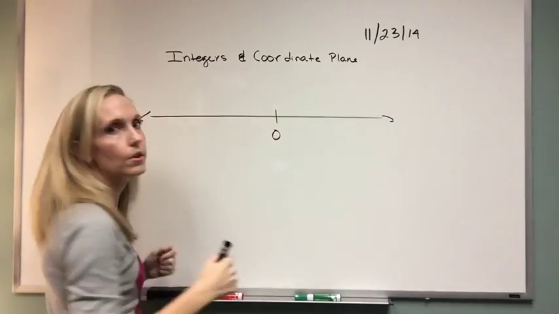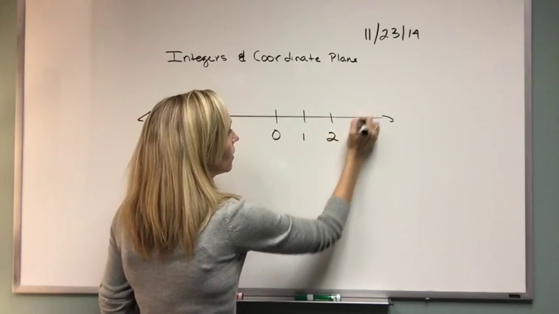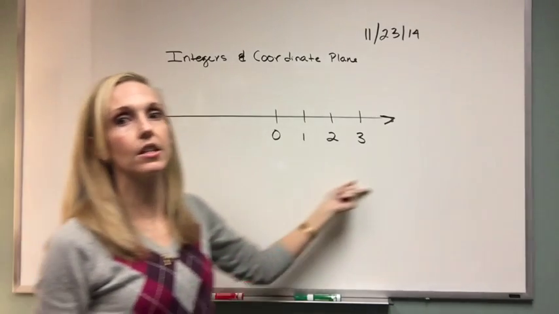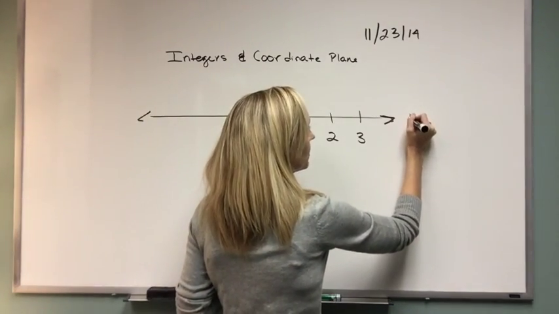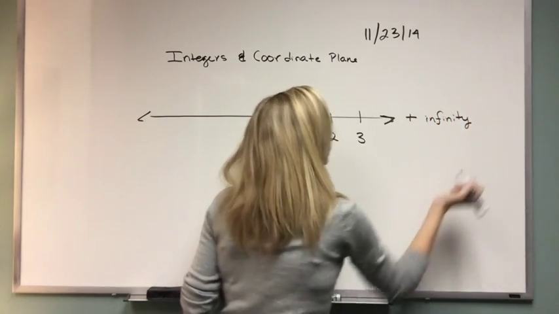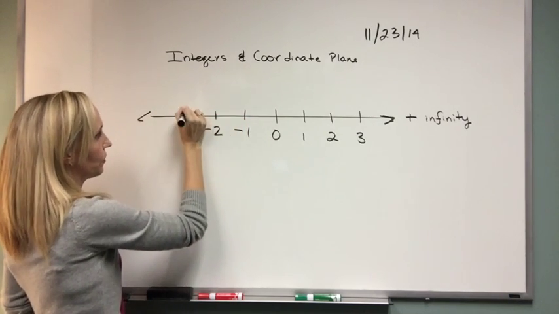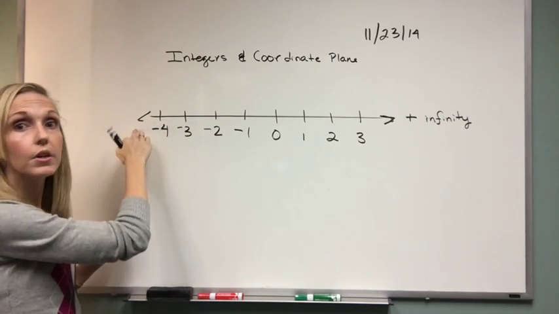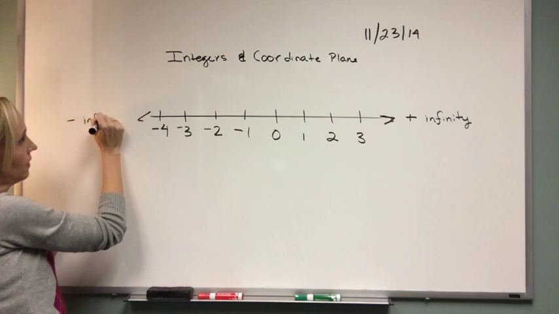In a number line, we always include 0, and then we want to put integers that continue. We have to have an arrow, meaning that this line is going to continue, because numbers continue forever. They actually continue to what we refer to as positive infinity, meaning they go on forever. And then we're going to put our negative integers, our negative whole numbers, on our number line. Have to put the arrow, because again, it goes on forever, and it goes on to what we refer to as negative infinity.